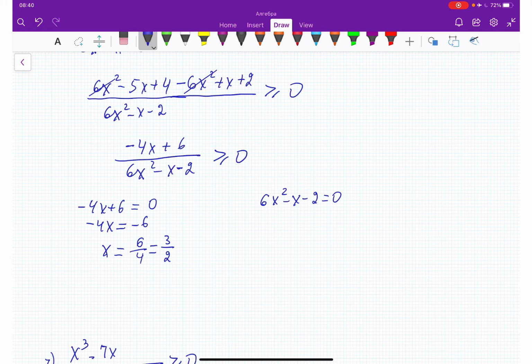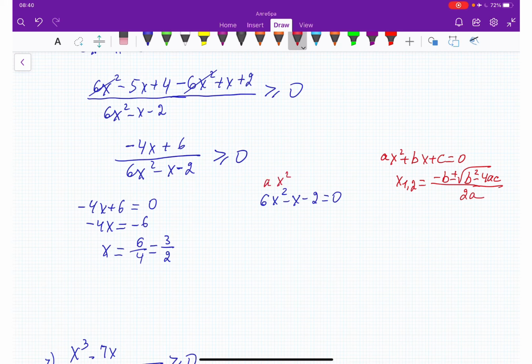And I'm going to use ax squared plus bx plus c is equal 0. And x1, 2 is equal negative b plus minus square root of b squared minus 4ac over 2a, which is not difficult at all.